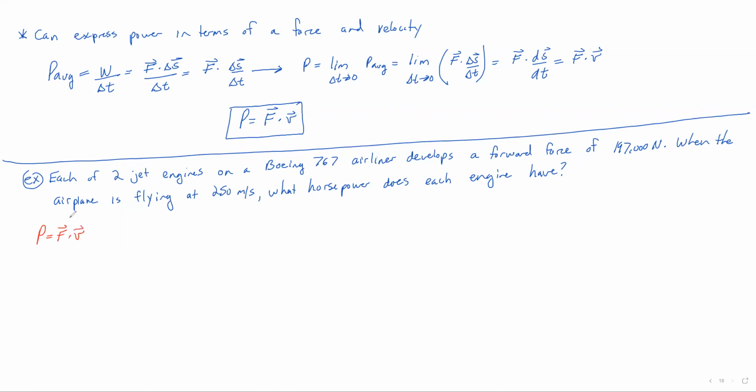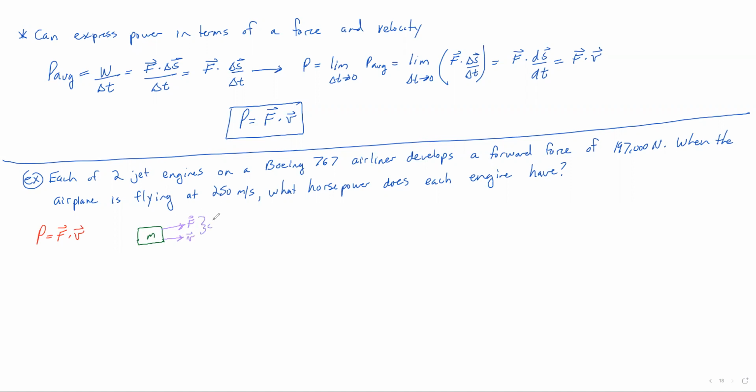Okay. Well, if you look at the plane, when the plane's going forward, if I do a force diagram of the plane, here's my mass. It should be pretty clear that the force is pushing it forward and there's some velocity that you're moving.